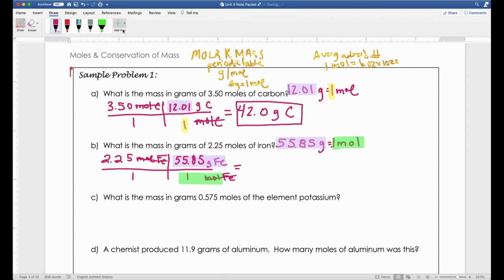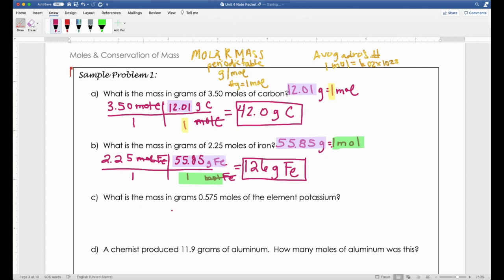And then of course we multiply again because both of those numbers are on top. So 2.25 times 55.85 to the correct number of significant figures, you should have an answer of 126 grams of iron. Like so.